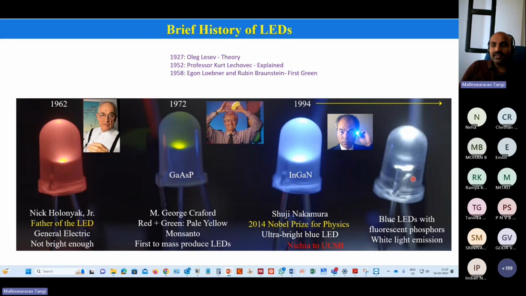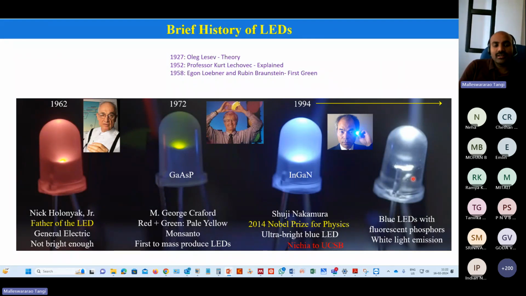In the late 1950s, people first observed electroluminescence on silicon carbide material. That is the main origin. Then people explored several materials like phosphides, arsenides, and selenides, especially gallium arsenide and gallium phosphide materials. In 1962, Professor Holonyak tried to grow gallium arsenide phosphide materials, and he could achieve a very dim red LED emission from his device.